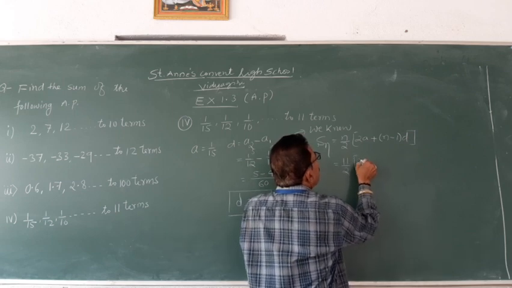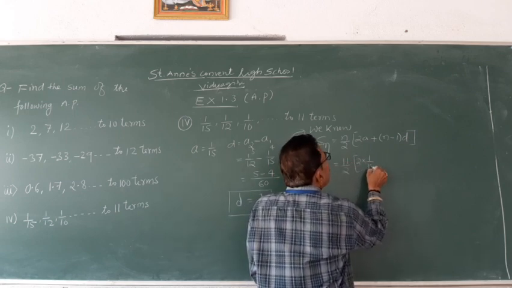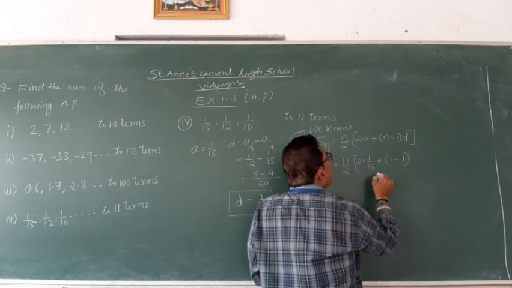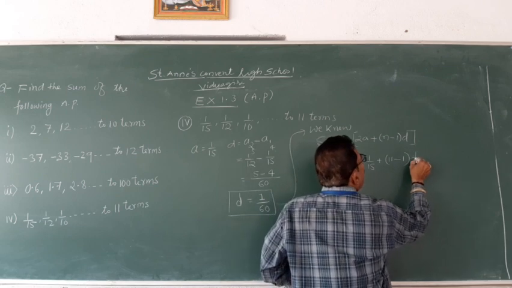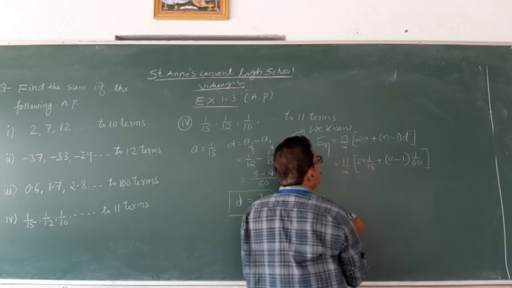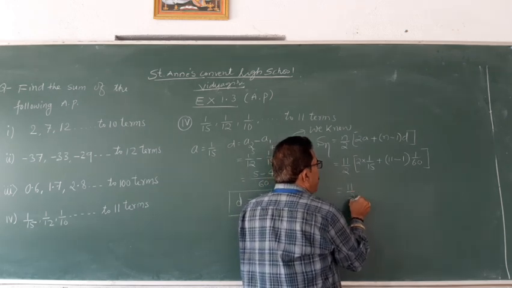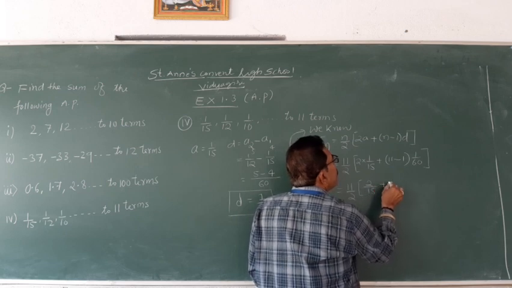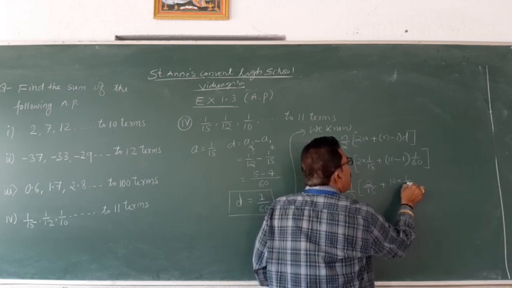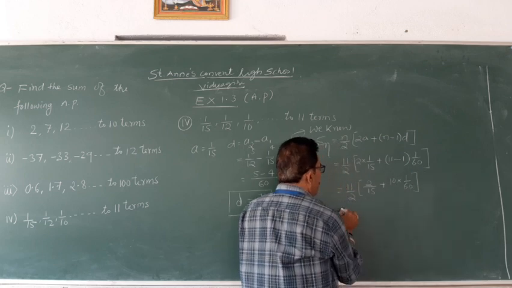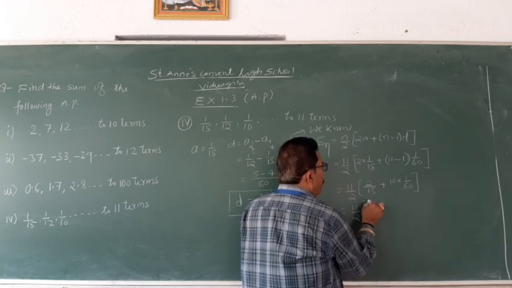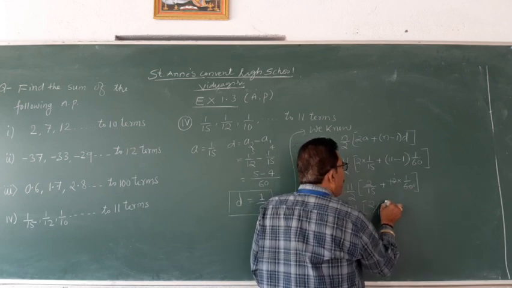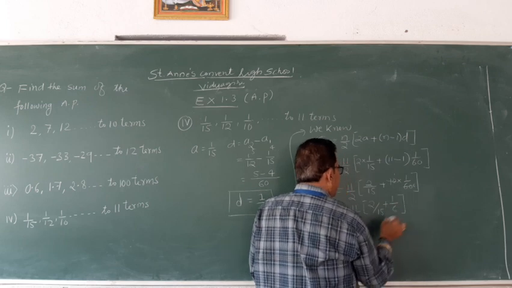So n by 2 into 2a, 2 into 1 by 15 plus (11 minus 1) into d, 1 by 60. So 11 by 2, 2 by 15 plus 10 into 1 by 60, that is 11 by 2, 2 by 15 plus 1 by 6.